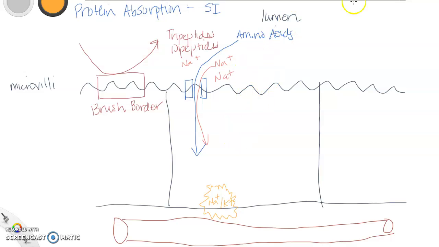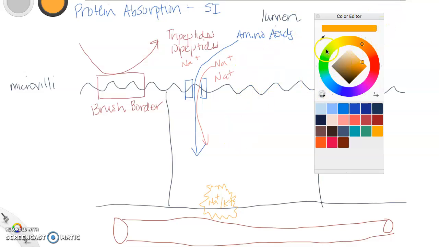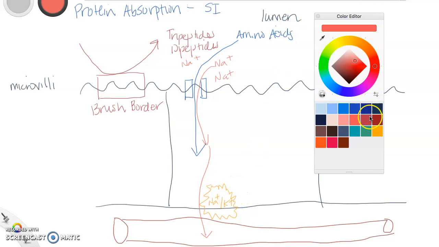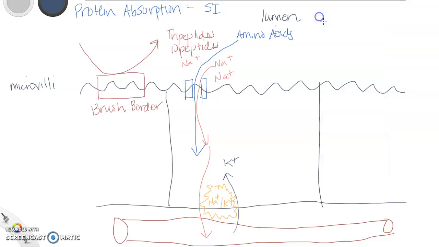Okay, so we have sodium coming in the cell and then being pushed back out of the cell by the sodium-potassium pump. And along with that, we have potassium coming in. Okay, works the same way as the glucose and the galactose.